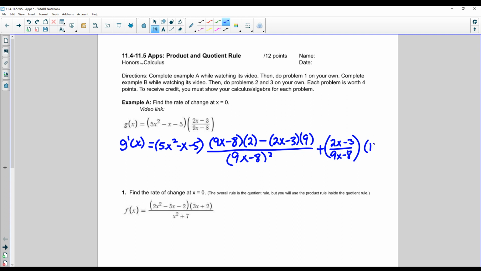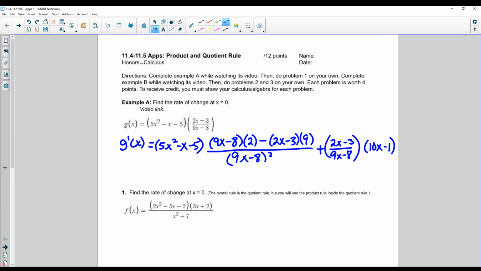All right. Now here's where you got to look at the problem and decide if you should simplify. It just says find the rate of change at x equals 0. I am not going to multiply all of this out and simplify it all down because I don't need to, because my goal is to find the rate of change at 0.